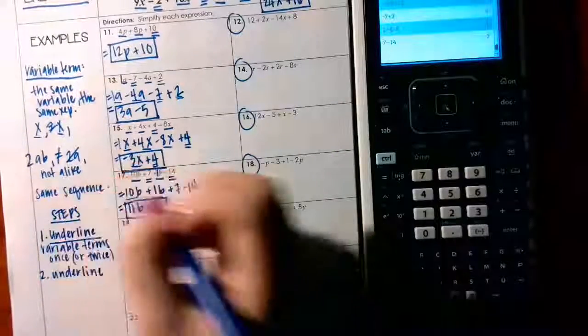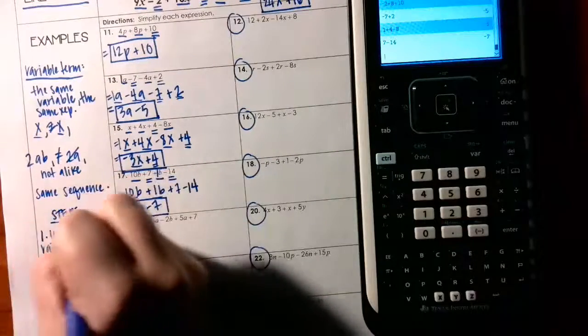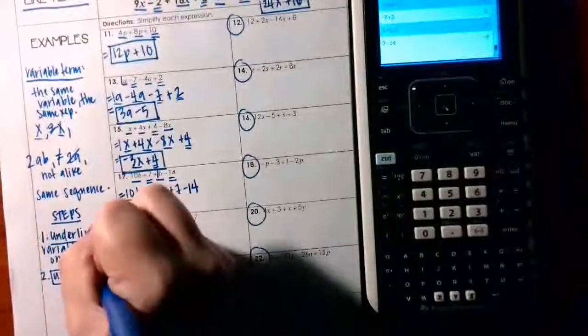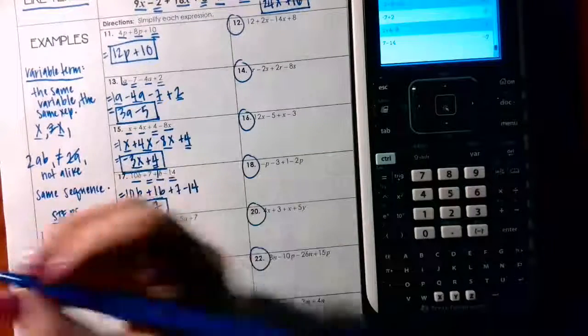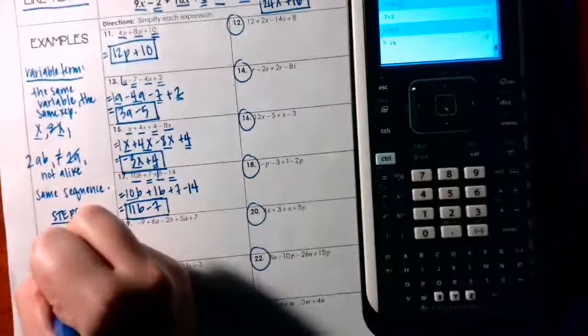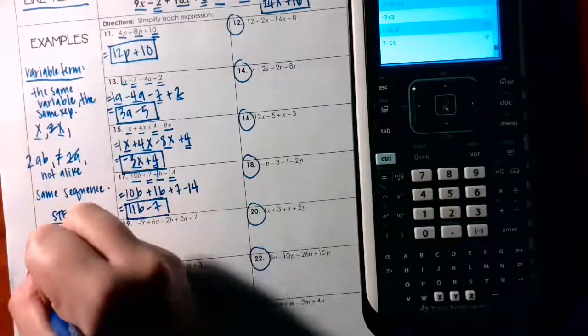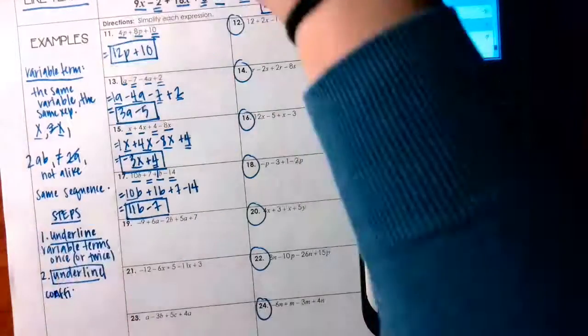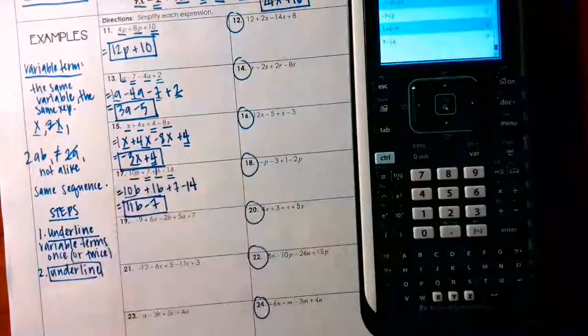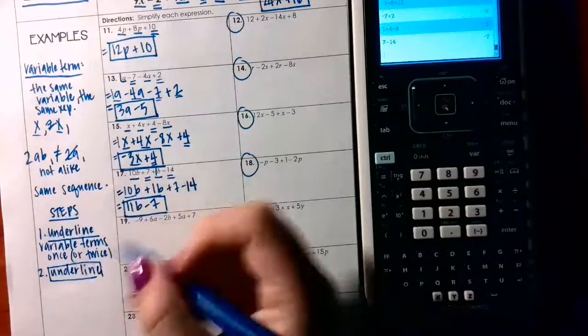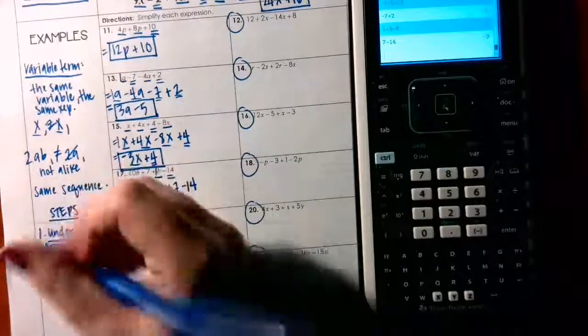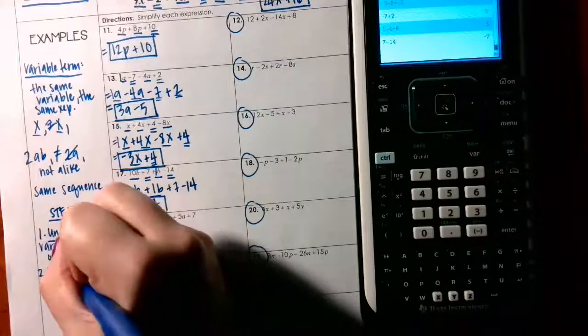You can underline or box in or circle as long as it's different from what you use for your variable terms, so as long as you can distinguish the difference. Underline, box in, whatever you want to do. Your constant terms.